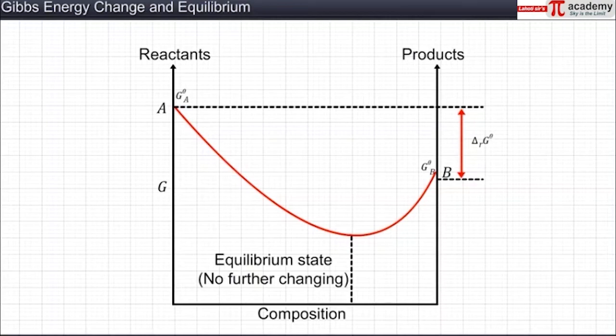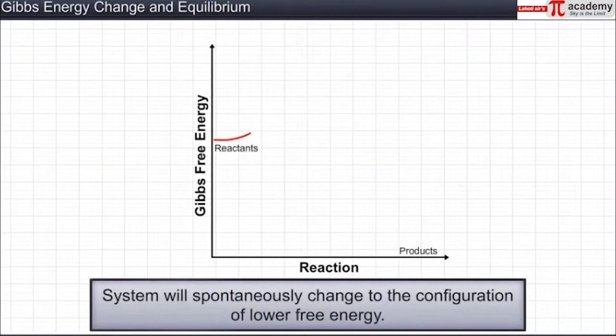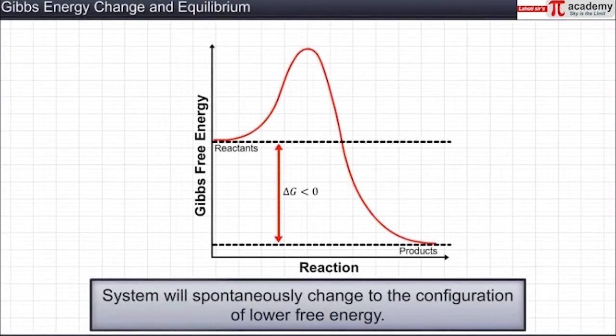This is possible only if, at equilibrium, the free energy of the system is minimum. If it is not minimum, then the system will spontaneously change to the configuration of lower free energy.